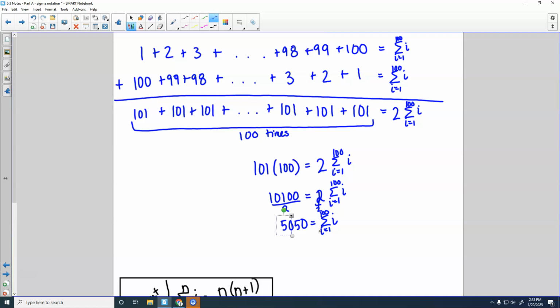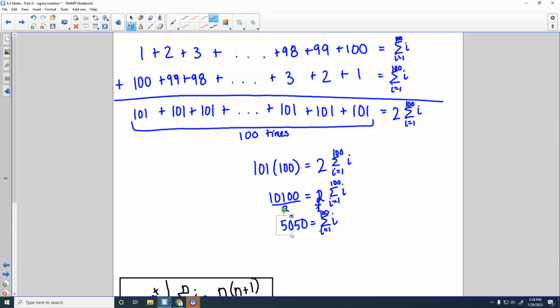Okay, so what I would like for us to do is to generalize this even more, because I would like a general rule I could use, whether this is 1 to 100, or 1 to 5 million, or 1 to 7, right? I want a general rule I can use.